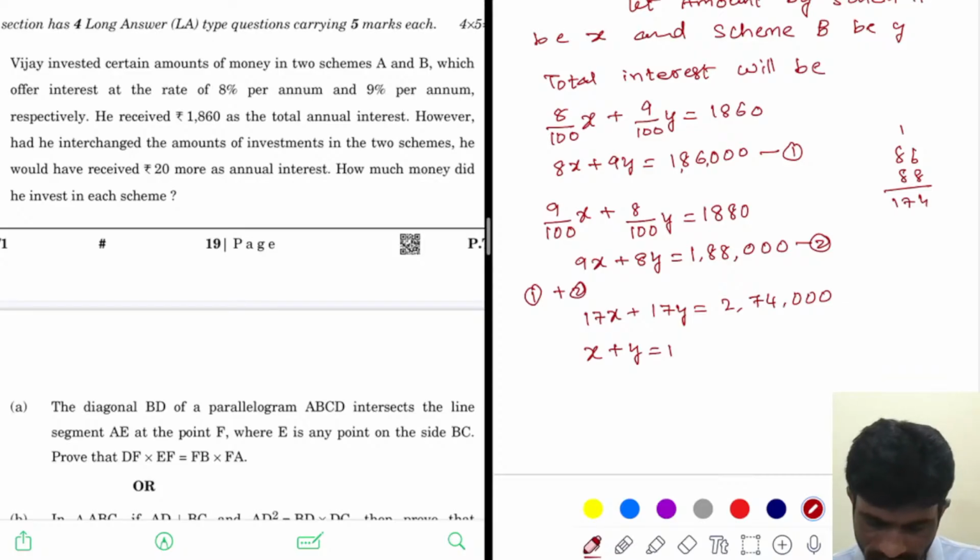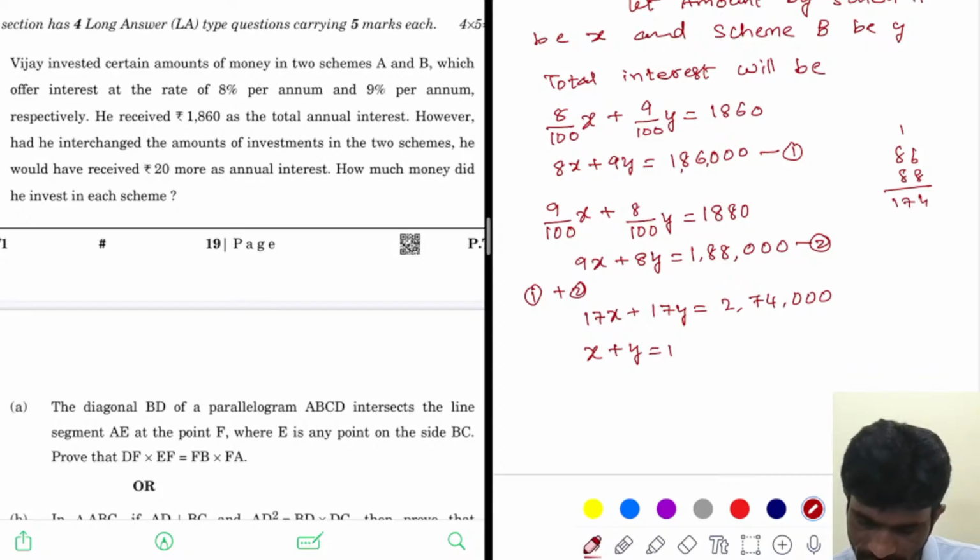20 rupees more annual interest, so 1880. After adding 86 and 88, we get 374.